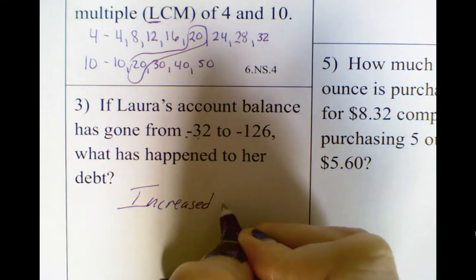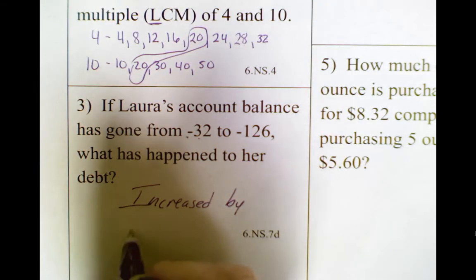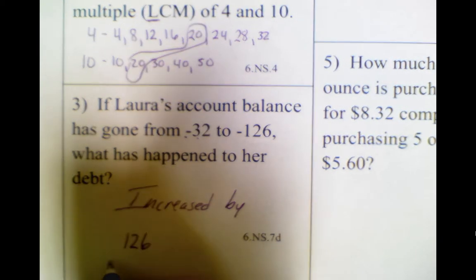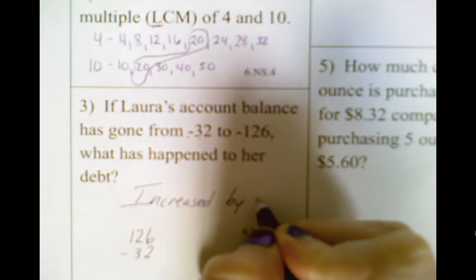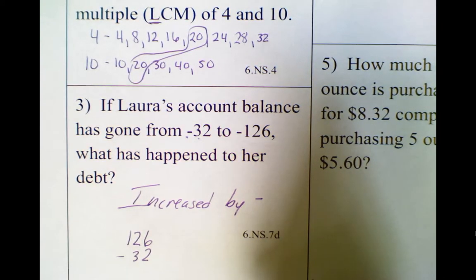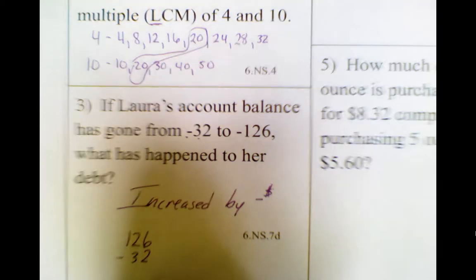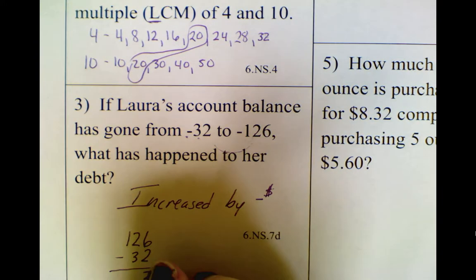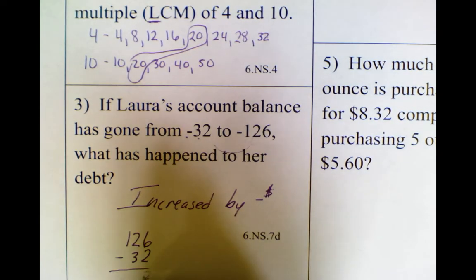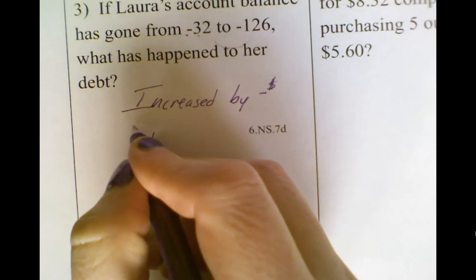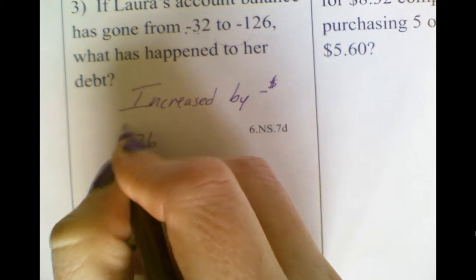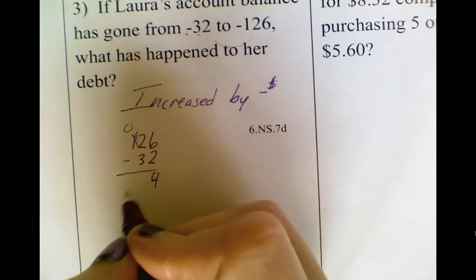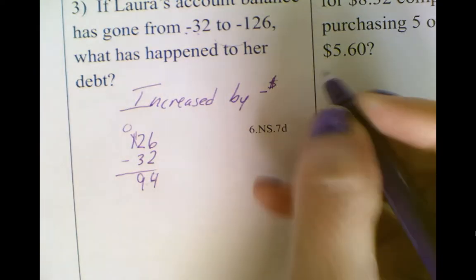or gone up by, and then we just take 126 minus 32 to see how much it has increased by, how much she spent in between this time right here. So 6 minus 2 is going to be 4, and then you can't take 1 from 3, or 2 from 3, sorry, so you're going to have to borrow from the one over here, or your next door neighbor, so 12 minus 3 is 9.